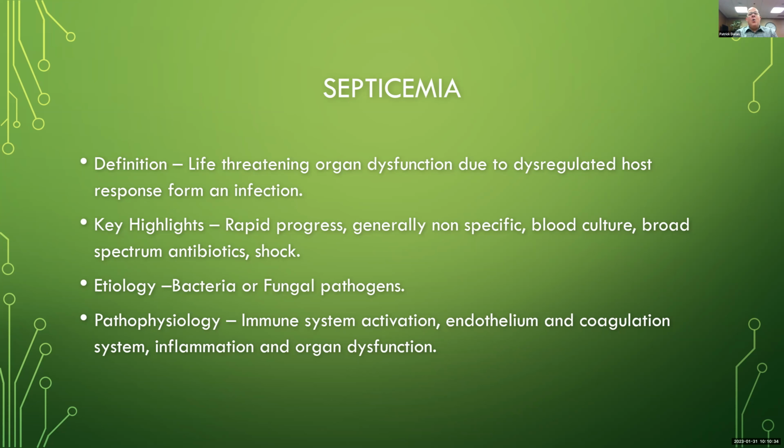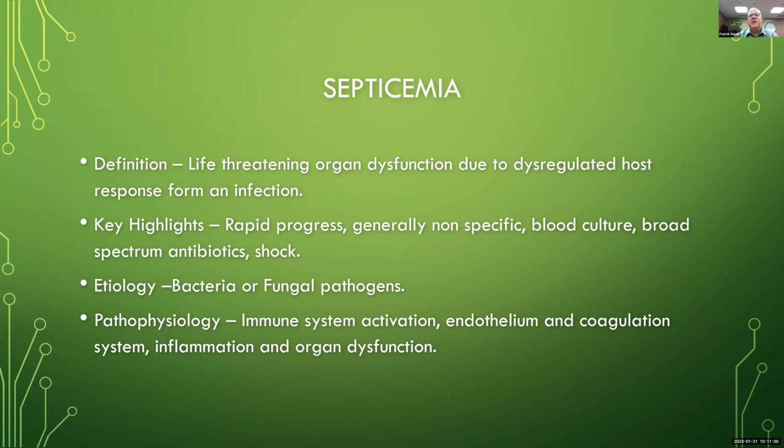Septicemia is where the infection is starting to cause organs to become dysfunctional, right? So let's say that we have an infective pericarditis, right? So we have an infection of the fluid that surrounds the heart, okay?